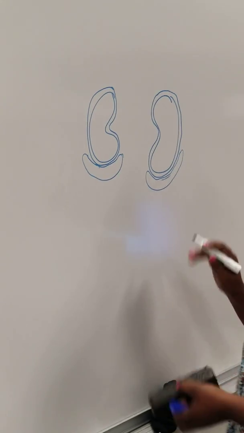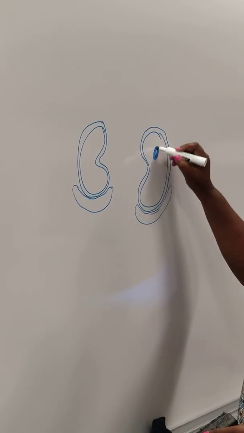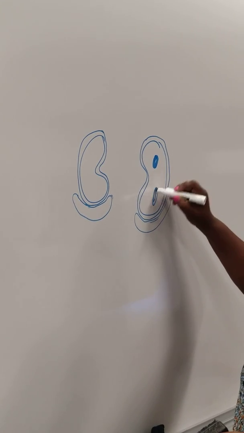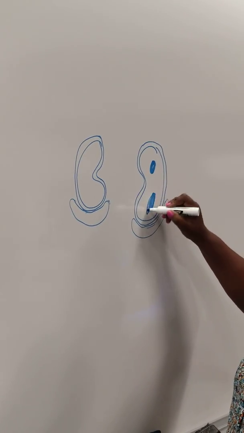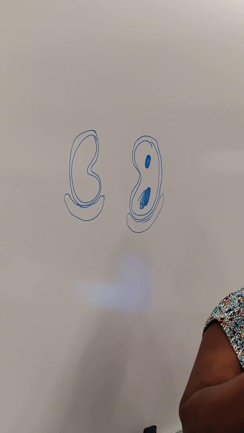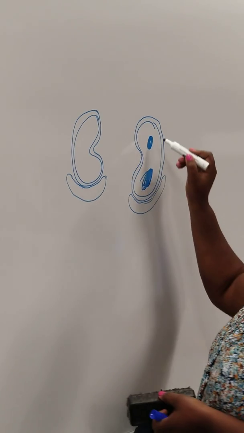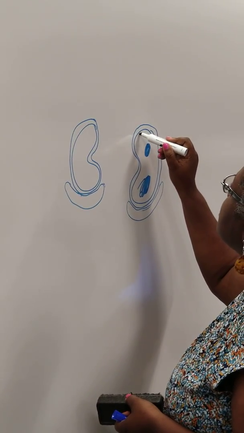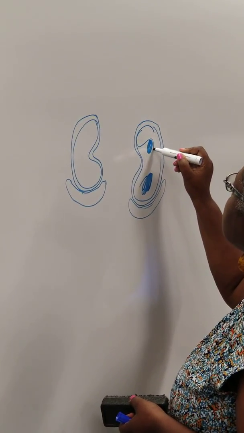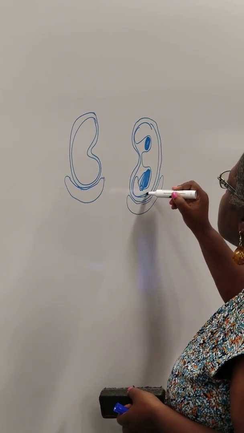Okay, so now remember I told you if the collecting ducts are too hot. Remember when I was teaching you renal and I said sometimes the collecting ducts are too hot and they'll tell you to cut it out. So what you would do is go inside and cut it out of your ROI.